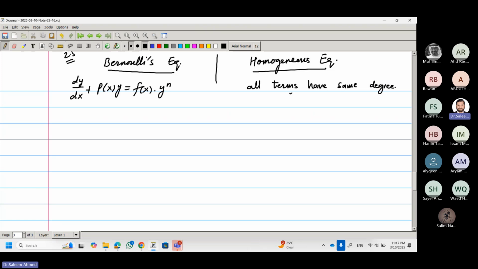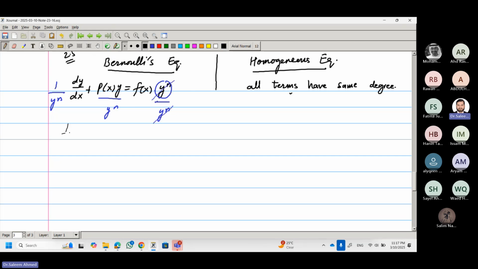Both of these are solved using substitution. In Bernoulli's equation, you divide by y^n everywhere. Whatever you have here, just divide that everywhere. So see, this is cancelled.